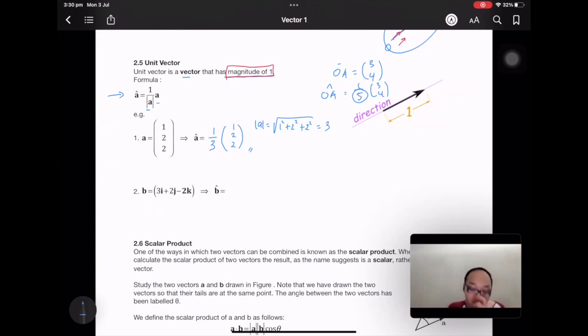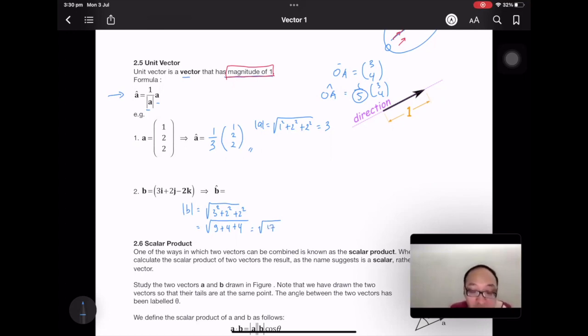And the second example, the same thing. Find the magnitude of B, the square root of 3 squared plus 2 squared plus negative 2 squared, which equals the square root of 9 plus 4 plus 4, which equals the square root of 9 plus 8, 17.